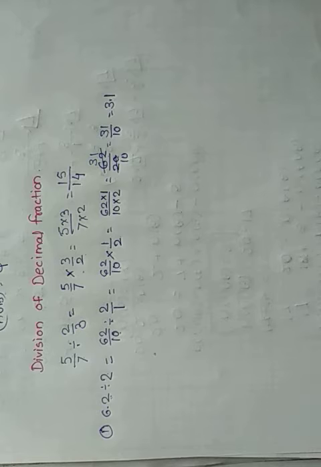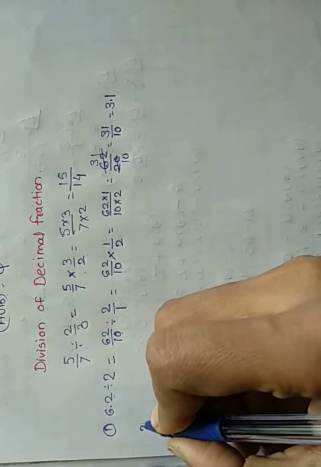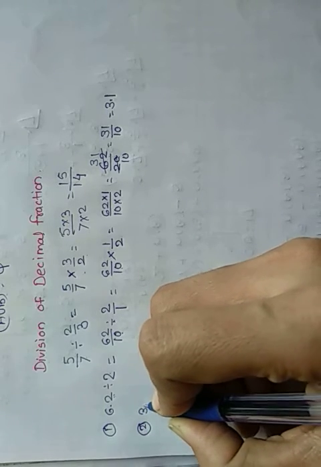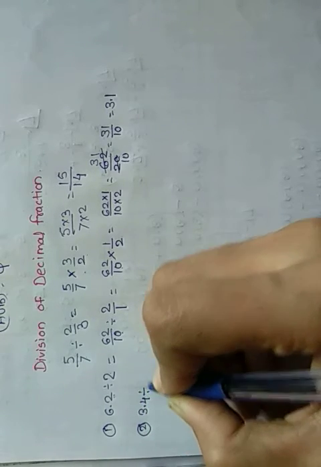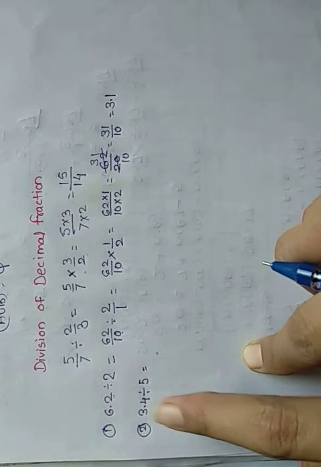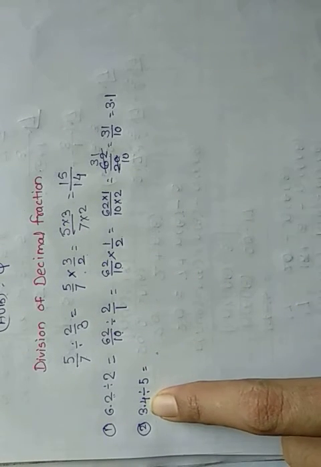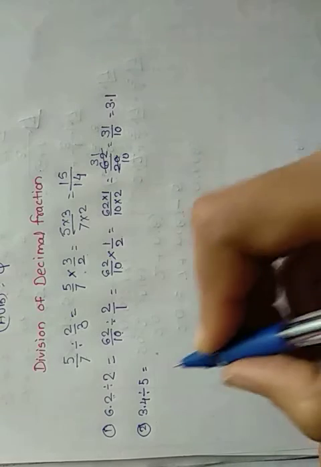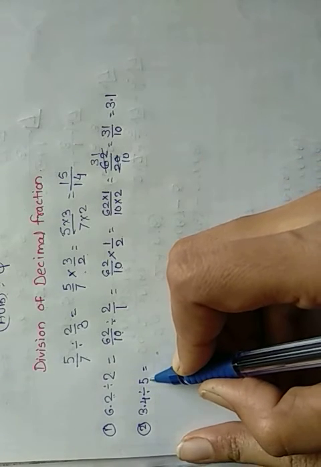Let's see one more example and you will get an idea how to solve this. See question number 2. 3.4 divided by 5.